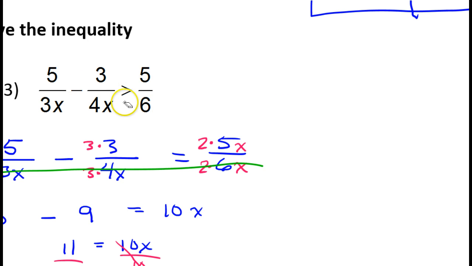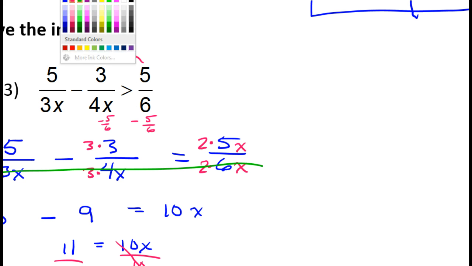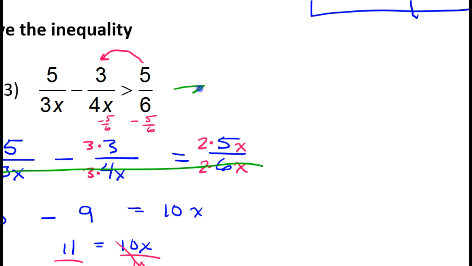But to put this in our calculator, we need 0 on one side. So what I would do is I would move this over by subtracting 5/6 from both sides. All right, basically this is going to move over and change signs. So the thing that's going to go in my calculator is this.